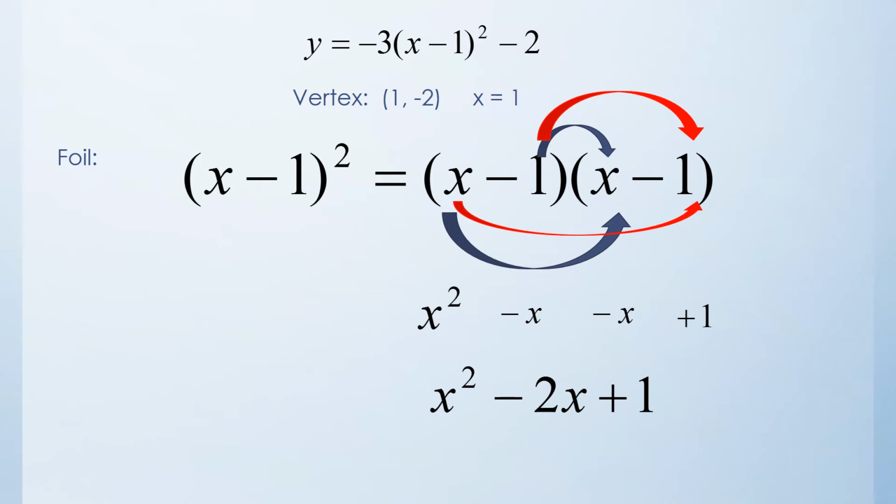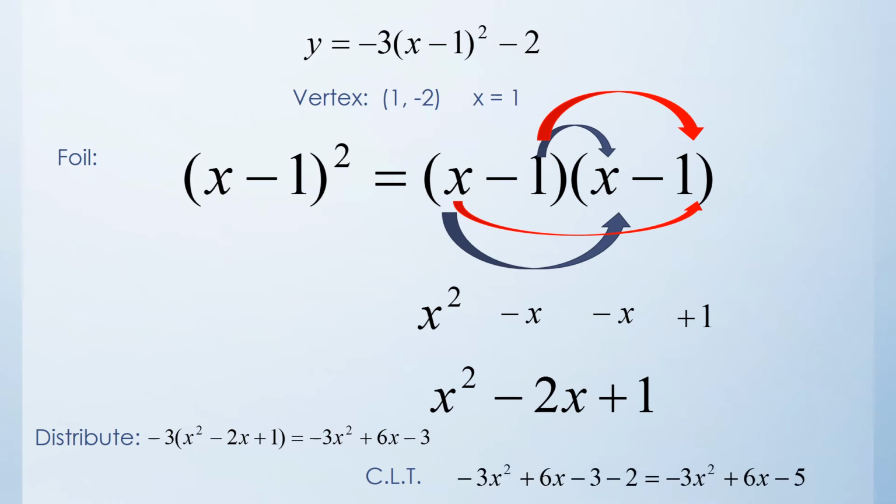Combining like terms. Now we're going to distribute the -3. And then we're going to subtract 2. And that's our final answer.